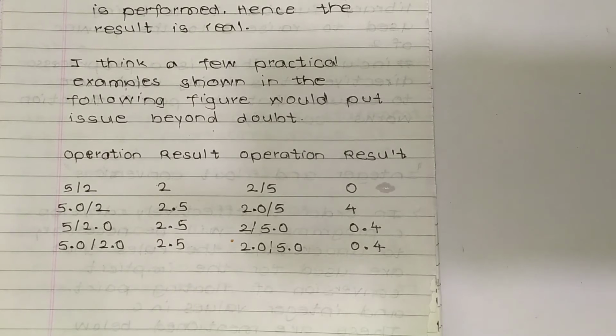Now 5.0 divided by 2.0 is 2.5. Now 2 divided by 5 is 0. Now 2.0 divided by 5 is 0.4. Now 2 divided by 5.0 is 0.4. And 2.0 divided by 5.0 is 0.4. So these are operations and relations between integer and real.